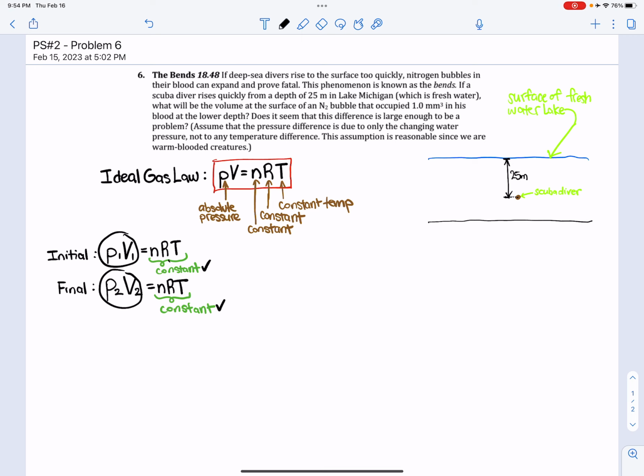If these two are equal, then these two are equal, okay? So therefore, P1 V1 would be equal to P2 V2. That's initial pressure times initial volume. It would be equal to the final pressure times final volume for this N2 bubble that we're focused on.